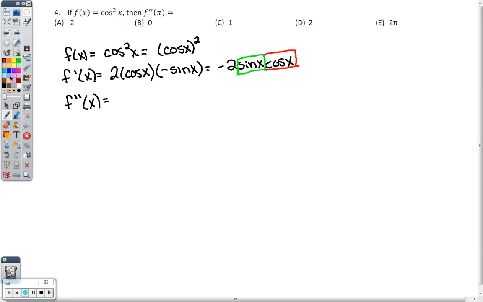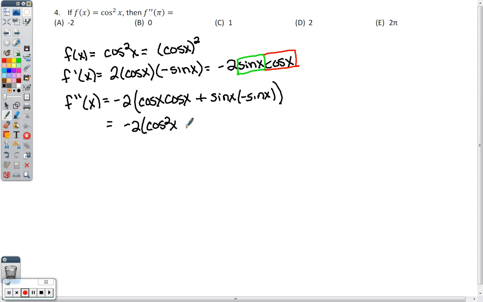So I'm going to have negative 2 out front, and then we have the derivative of the first, which is cosine x, times the second, which is cosine x, plus the first, which is sine x, times the derivative of the second, which is negative sine x. And then we put it all together, negative 2, and this will be cosine squared minus sine squared.